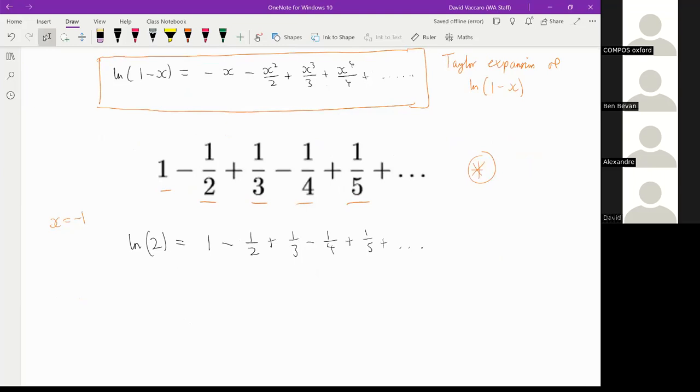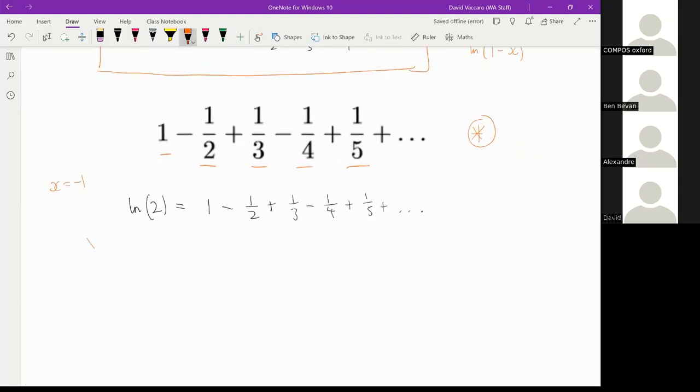Okay, we're now going to do a survey. We're now going to do a poll. So question number 1 is, do you think this result is true?